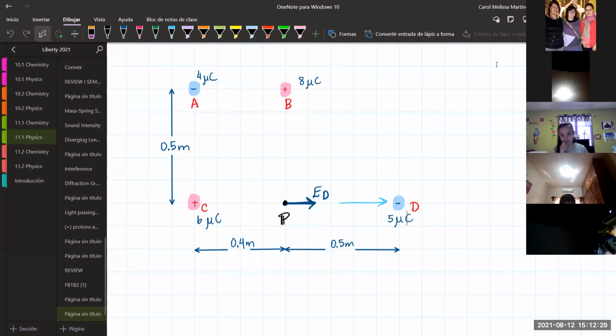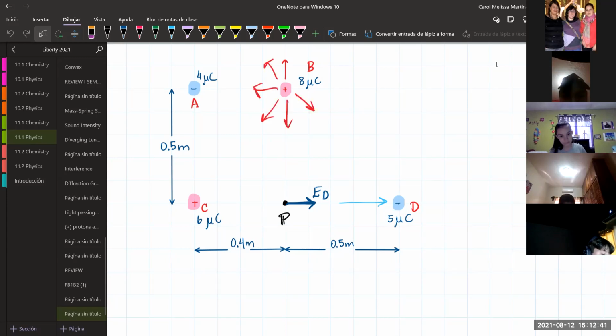Because it's positive, all my arrows are going to go outward. Which one of these arrows is going to pass through the point P? The one that is down. So I will extend the arrow, and here I have my electric field due to the charge B. So this is going to be EB.